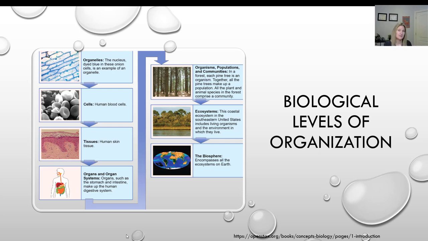So I can look at the climate and the precipitation levels and the topography of the area and the rocks and things like that, and how they influence what can survive there. Or maybe I just want to study everything and look at the biosphere level, which encompasses all the ecosystems on Earth.